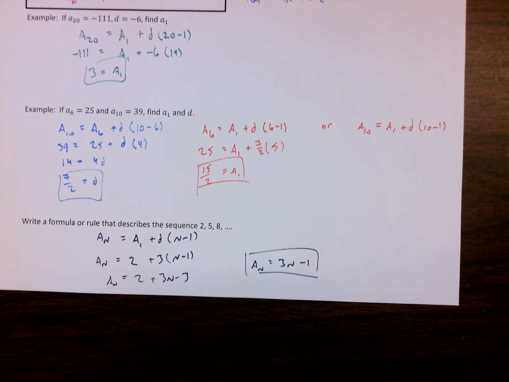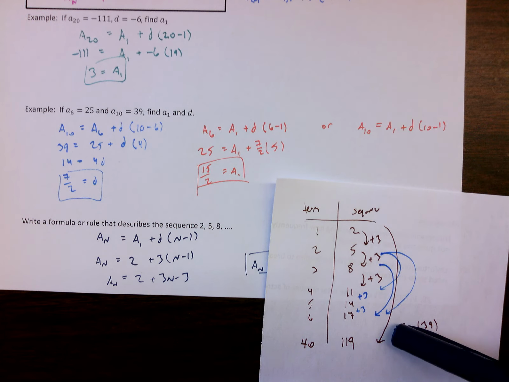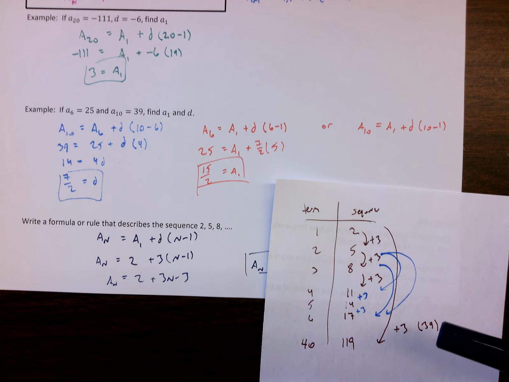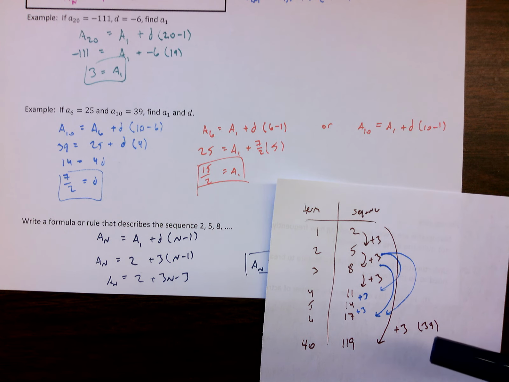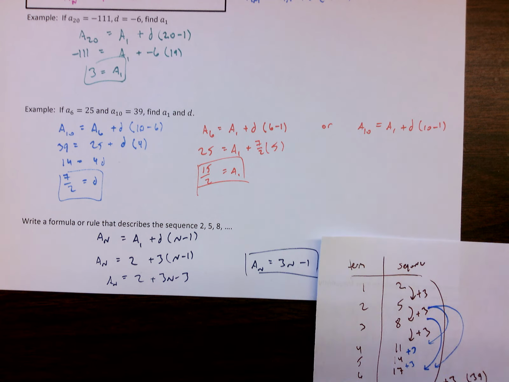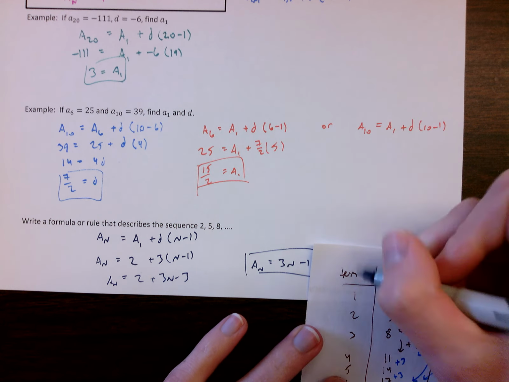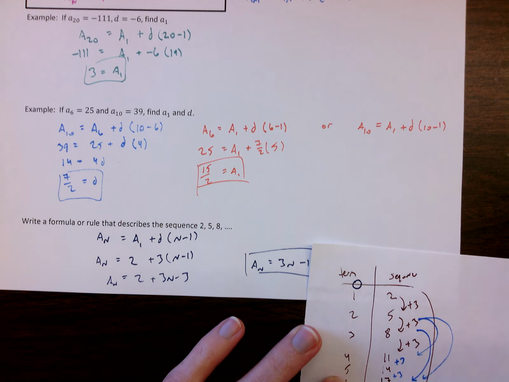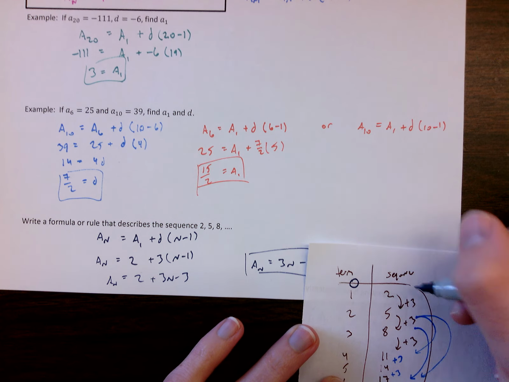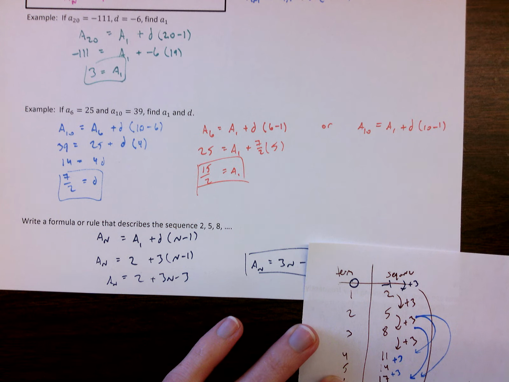Now, as a quick side note, an alternate way that you could have done this is just a table. This is like what you did in Algebra 1, where you had a table and you had to write the equation, right? You could also treat this like finding the equation of a line. Calculate your slope, find your y-intercept, right? That's essentially what we did here. If you think about in your little table here, if I had backed up to the 0th term, well, then what number do I add 3 to get there? Well, that would be a -1, right?